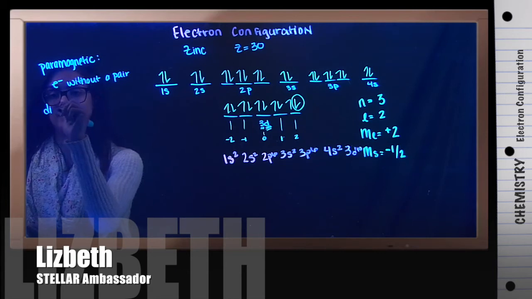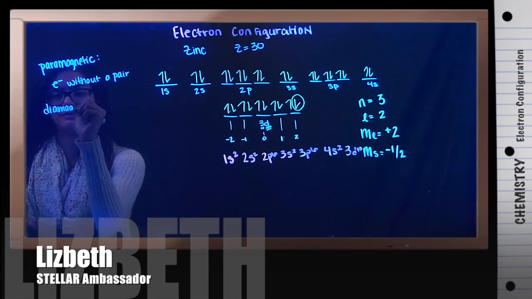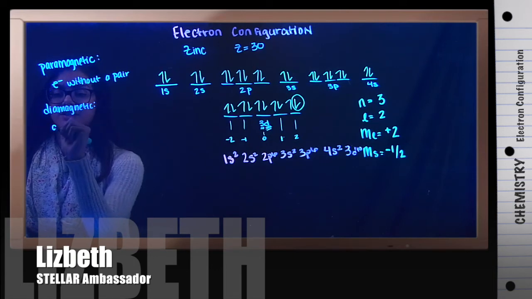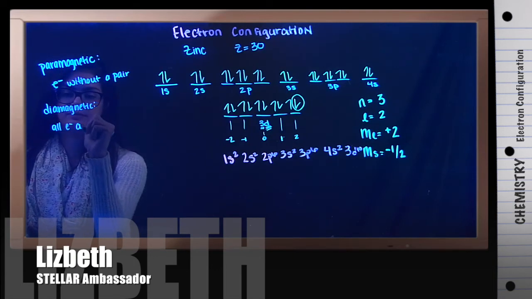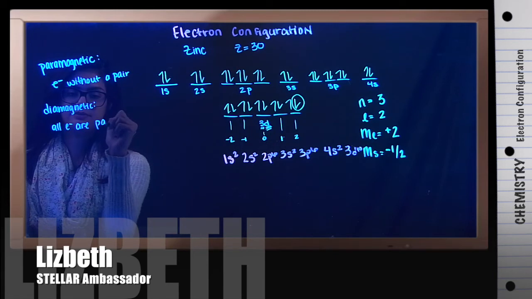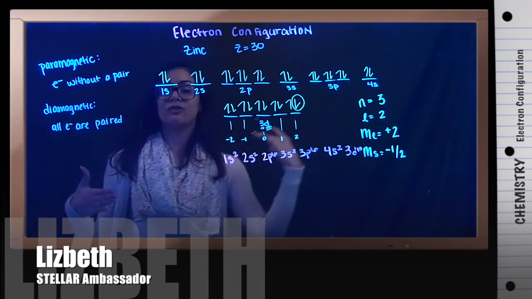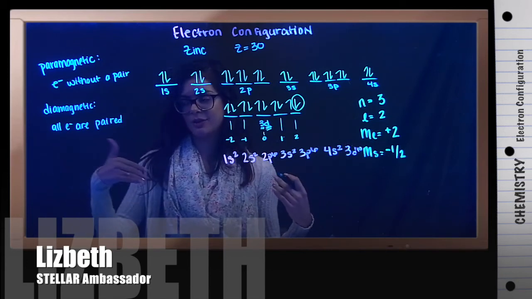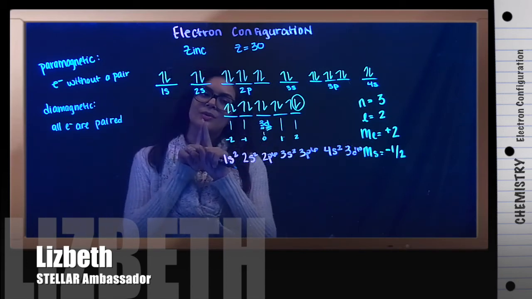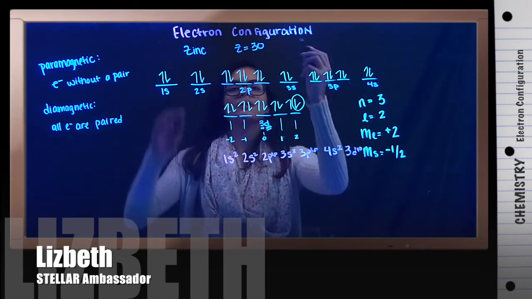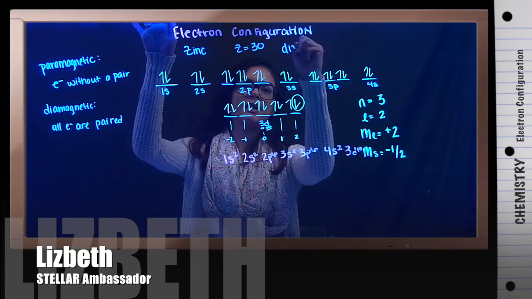Versus diamagnetic means that all the electrons are paired. I like to think di means 2, the prefix means 2, so everything is in 2s. So if we look at zinc here, all of the electrons are paired up, so zinc would be considered diamagnetic.